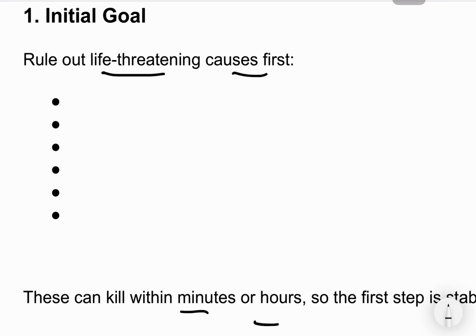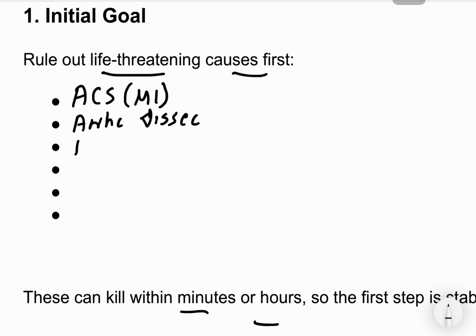These are the 6 conditions. First of all is acute coronary syndrome, also known as myocardial infarction. Next one is aortic dissection. Next thing is pulmonary embolism. Tension pneumothorax.